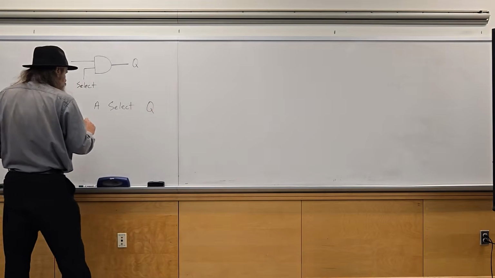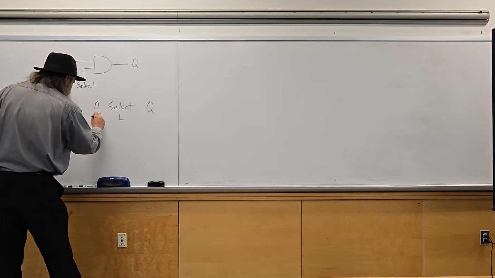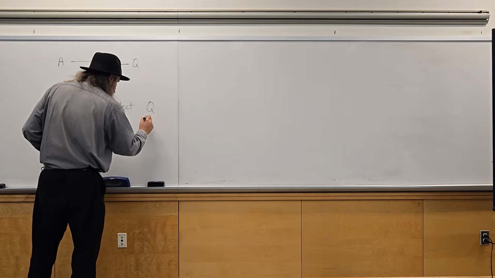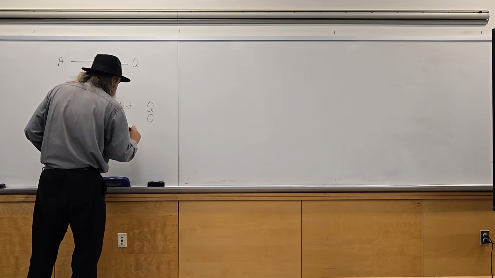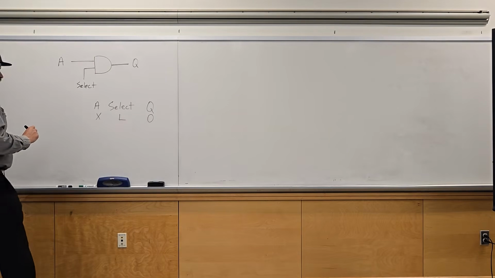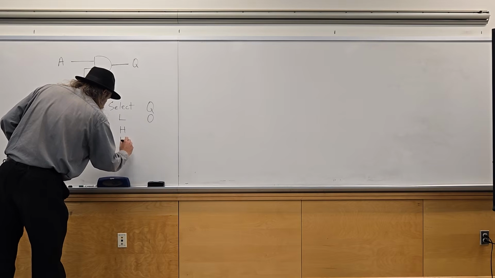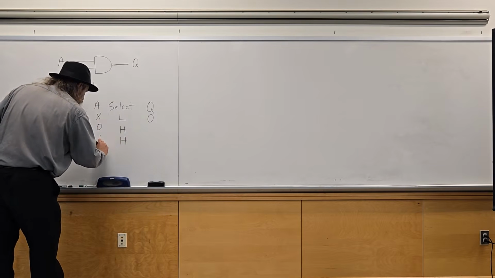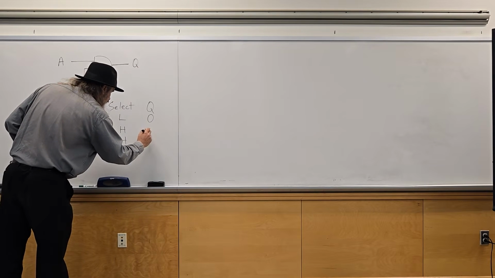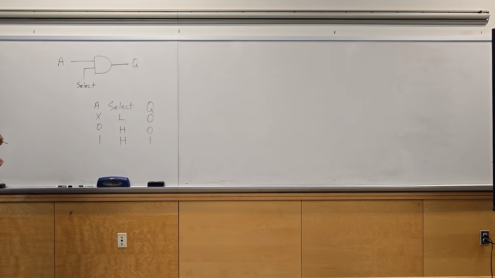So when the select is low, doesn't matter what A is, Q is going to be 0. When select is high, Q follows A. Because it's a simple AND gate.